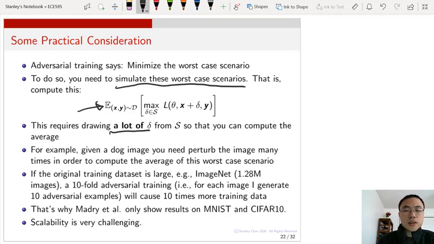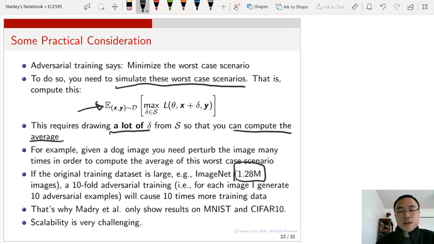And so you also need to compute the average. For example, given a dog image, you need to perturb the image many times in order to get to the worst case scenario. For this one dog image, you may need maybe 10 times more data. And so if you are talking about an ImageNet data set, which is 1.28 million images, and you do 10-fold adversarial training, that is 10 times more examples.